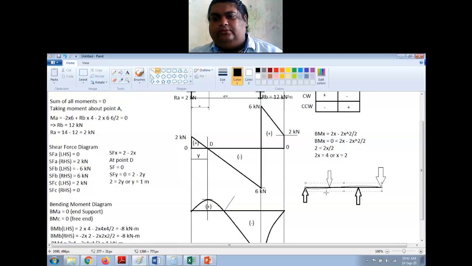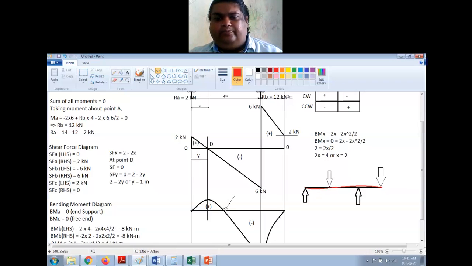You see this? It is a wavy manner. This type of bending, which is coming at the bottom like this, is called sagging bending moment, which is taken as positive. This is called hogging bending moment, which is taken as negative.